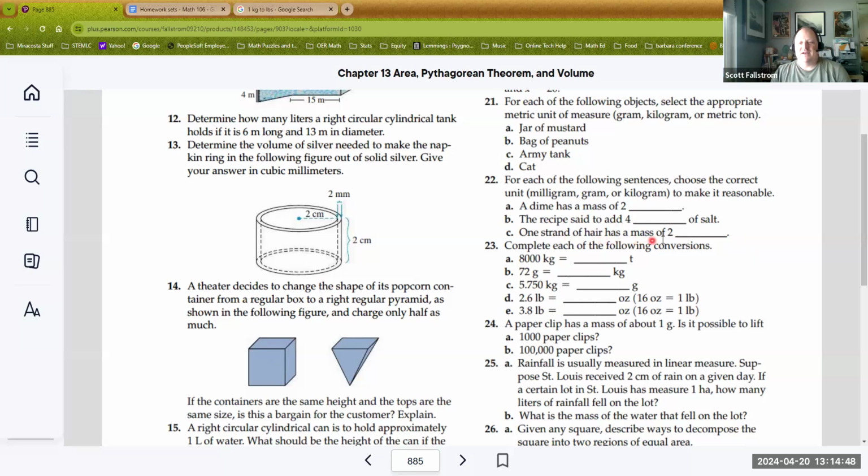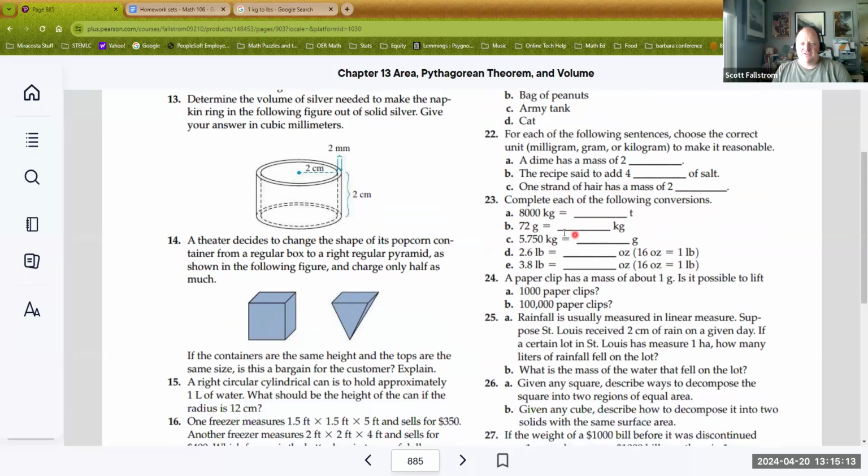And one strand of hair has a mass of blank. So again, if you're making a recipe, typically that would be for a larger amount. 4 grams of salt may sound like a lot because we typically measure a certain number of milligrams of salt. But if you're making a recipe that is going to serve a number of people, then that is distributed throughout. So it's not like you're just eating 4 grams of salt.